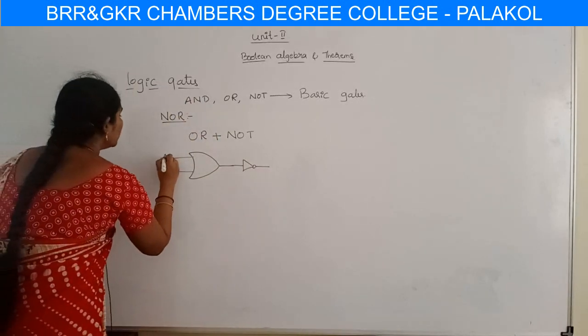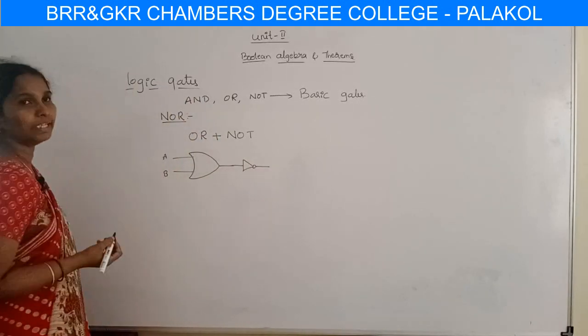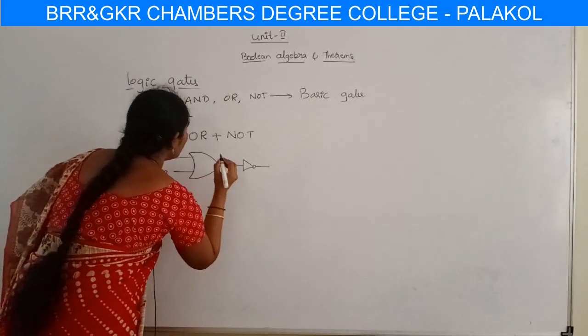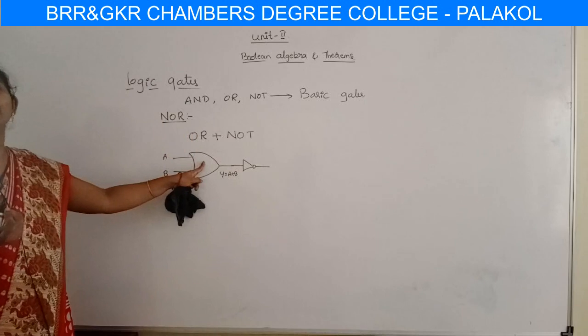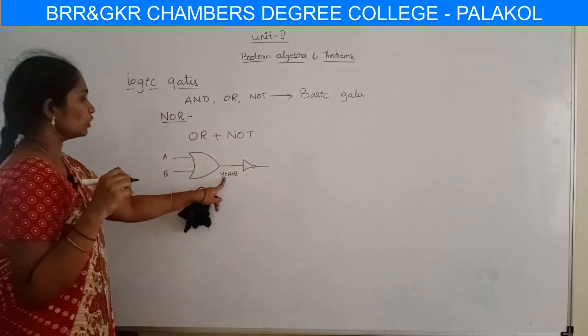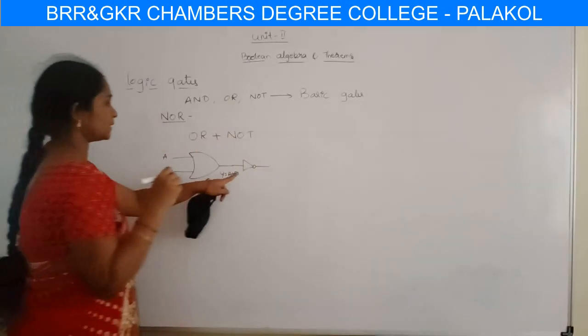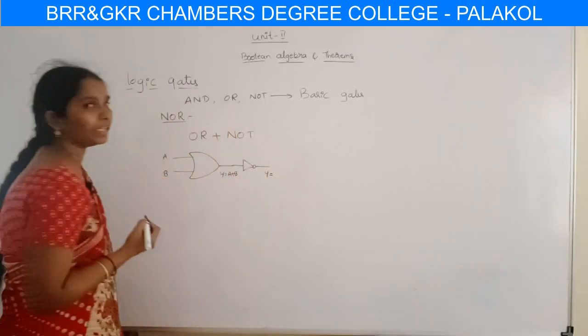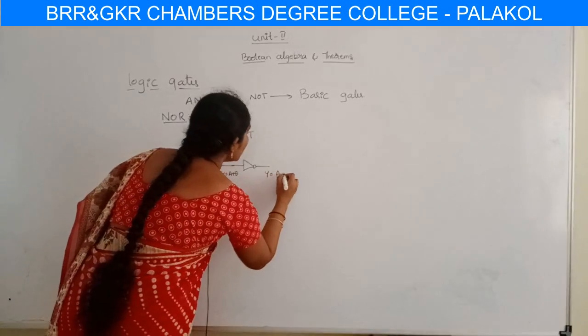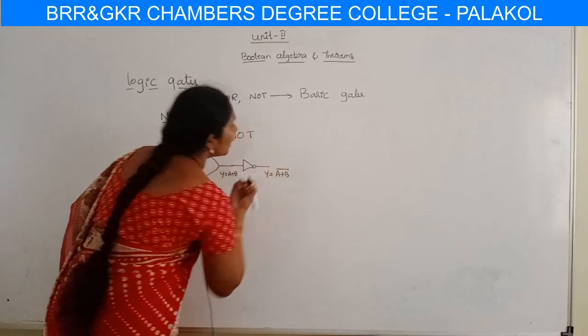Therefore here A, B. So Y is equal to A plus B, because OR is nothing but the plus operator. And a NOT is there, therefore the final output Y is equal to A plus B whole bar.